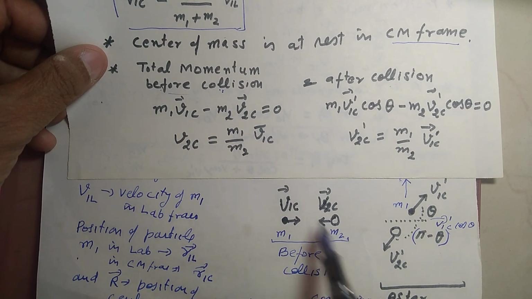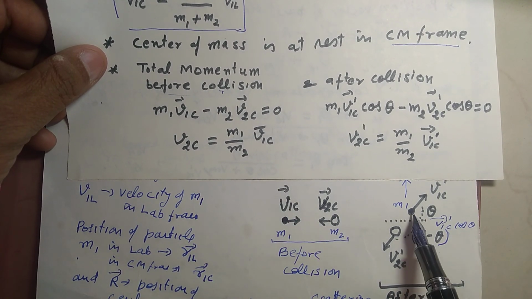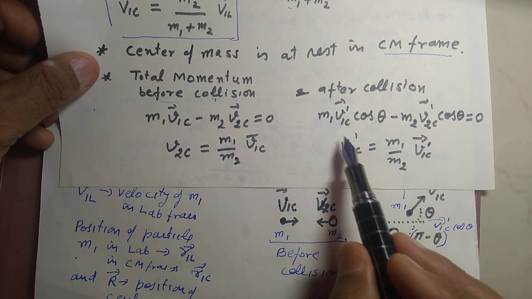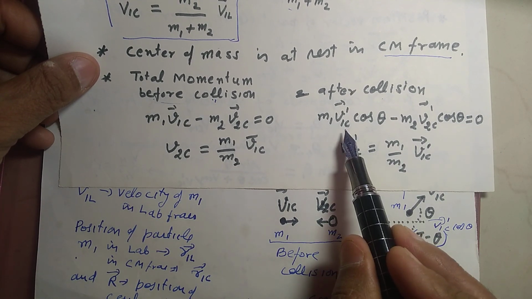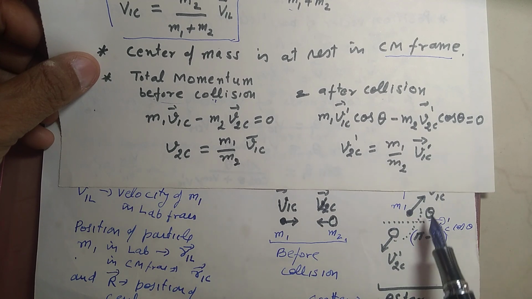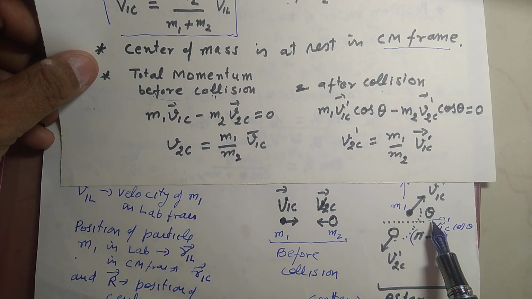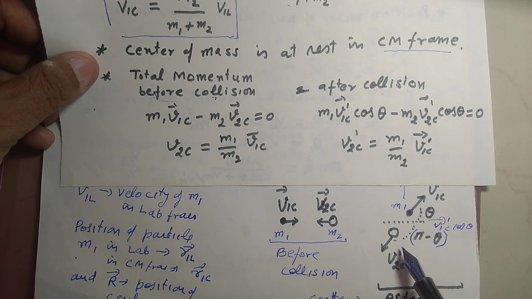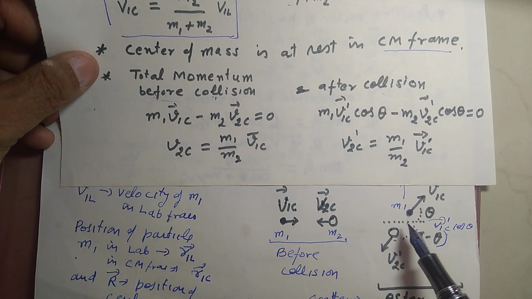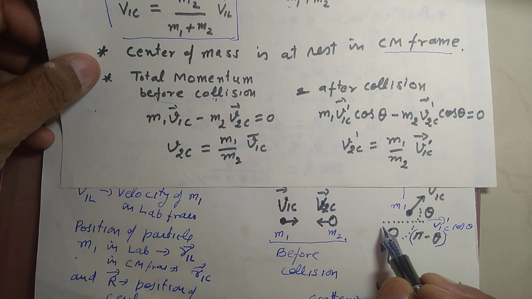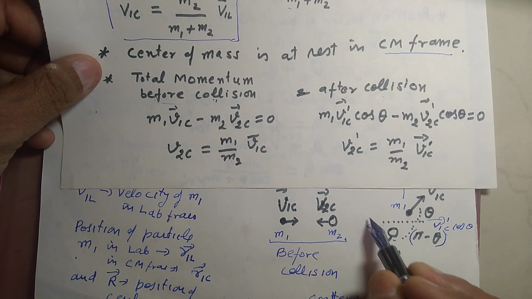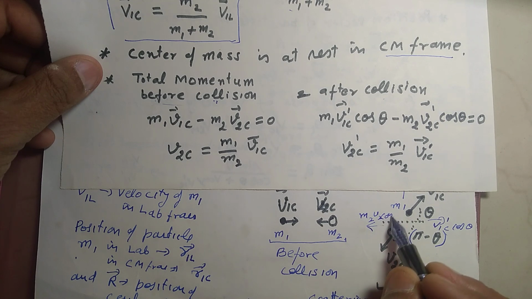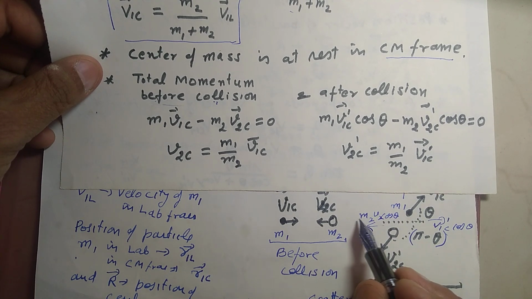This momentum is equal to 0, and here the momentum along the x direction, we can write this is m1 v1c cos theta minus m2 v2, here this is momentum in this direction. You can write this is m2 v2 cos theta with a negative sign.